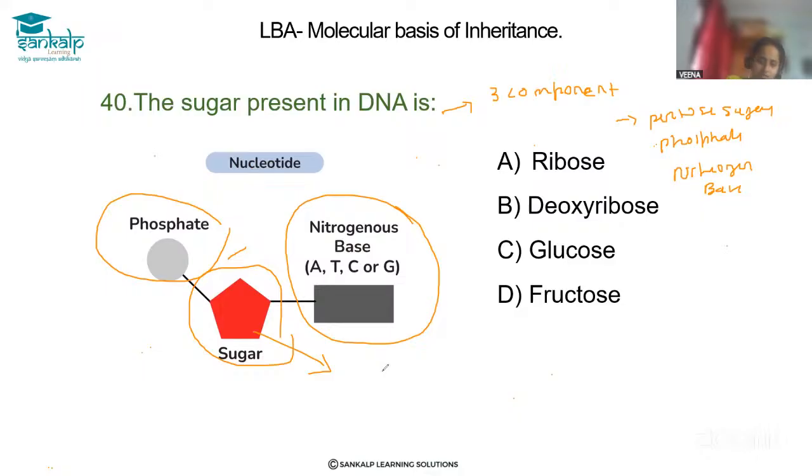In case of DNA, deoxyribose is the sugar that is present. In case of RNA, ribose sugar is present. So the correct answer is deoxyribose sugar, not ribose, not glucose, not fructose. Thank you.